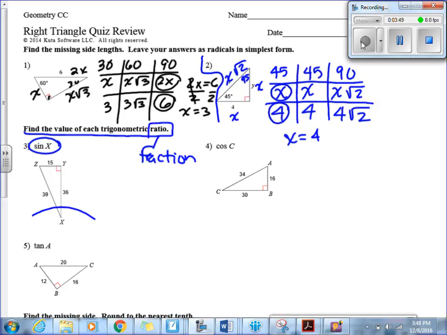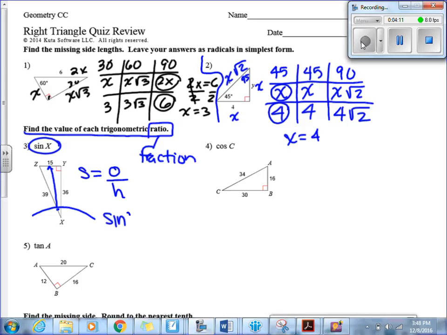So here's angle x, and I know that the sine function, I'm just abbreviating, equals the length of the opposite side divided by the length of the hypotenuse. So I am here. The side across from me, the side I cannot touch, is the side that has a length of 15.